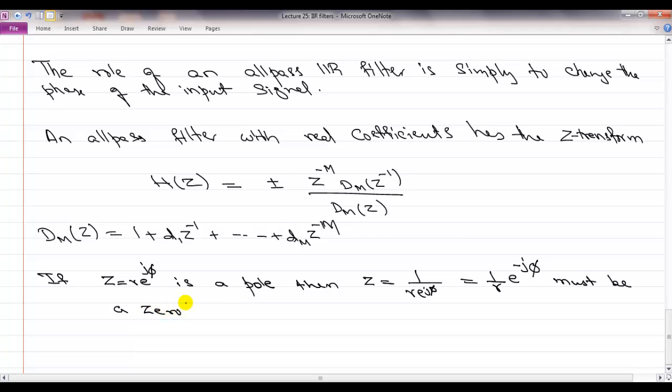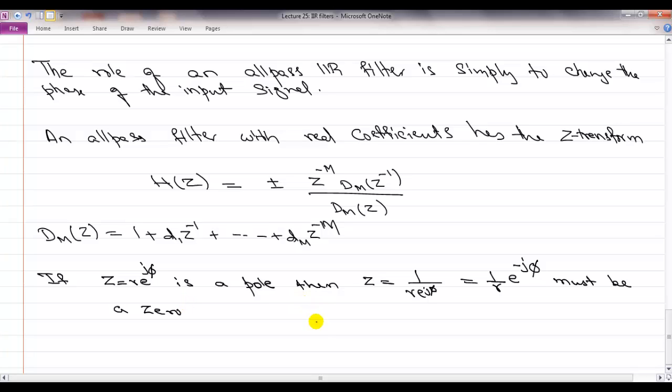This is the condition for an all-pass filter. This is how the poles and zeros balance each other out. If you have a pole at a distance R, the zero must be at a distance 1 over R. If the pole angle is e to the j phi, the zero's angle must be e to the minus j phi.